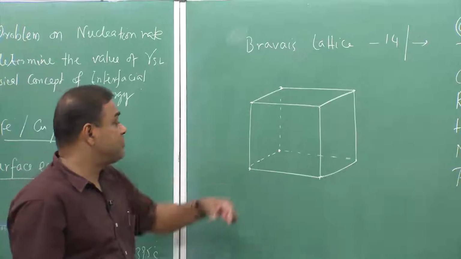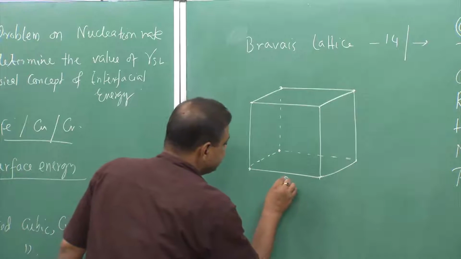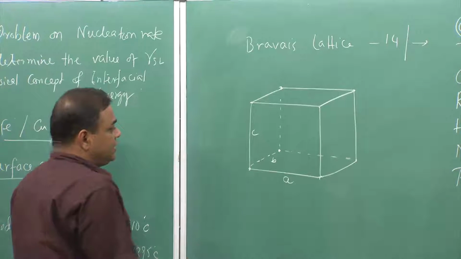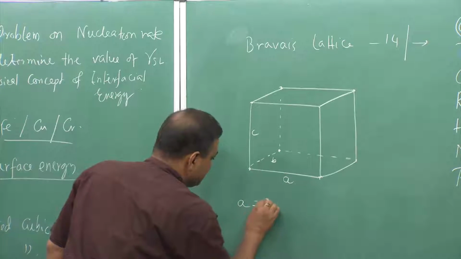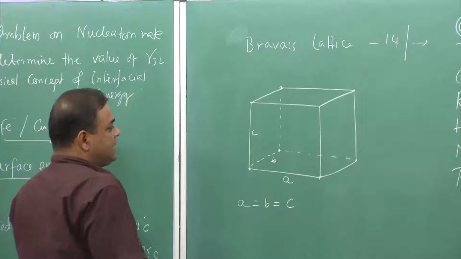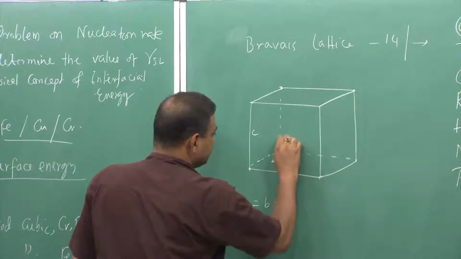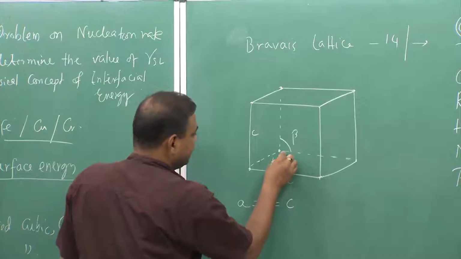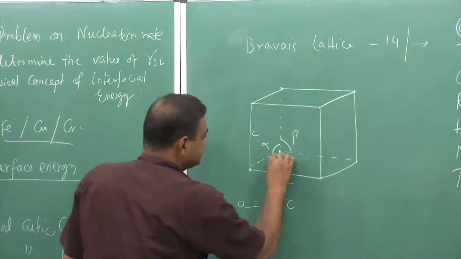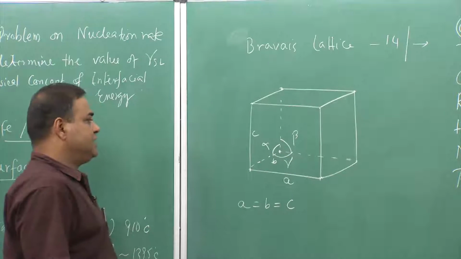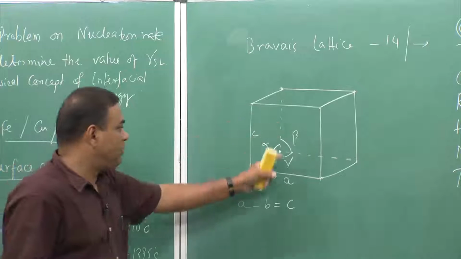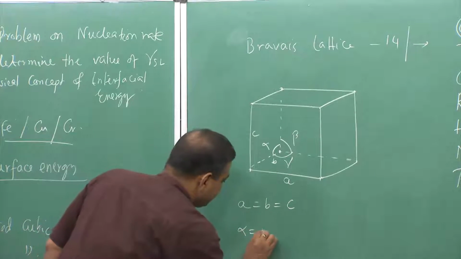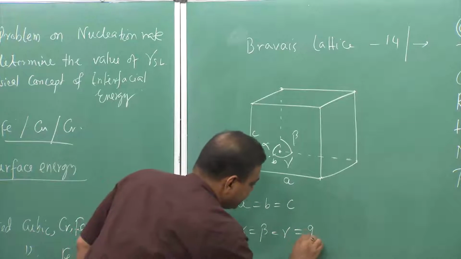It is a regular arrangement of points, and if you indicate the edges by a, b and c, in this case a equals b equals c. If you see the angles, this is beta opposite to b, this is alpha, and this is gamma. These are the 3 angles formed by the 3 orthogonal axes, so alpha equals beta equals gamma equals 90 degrees.